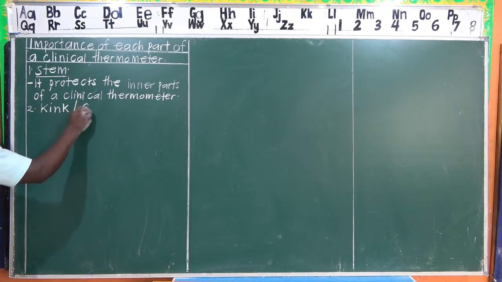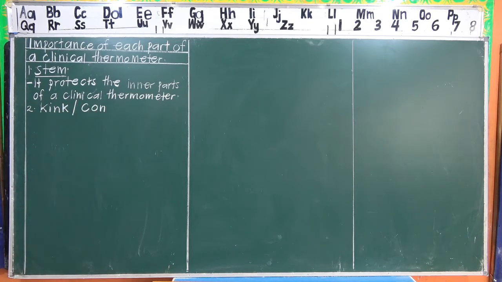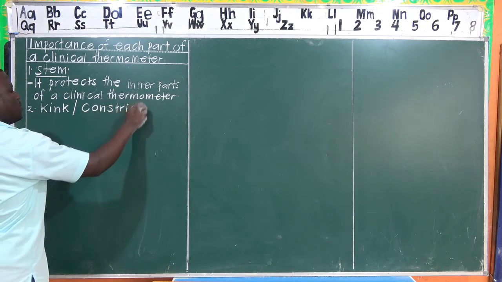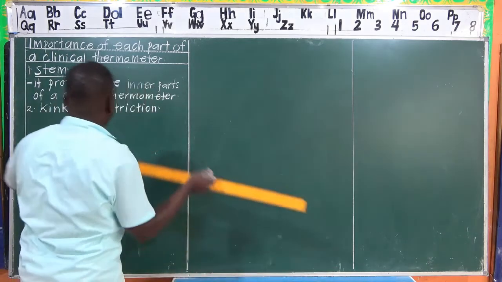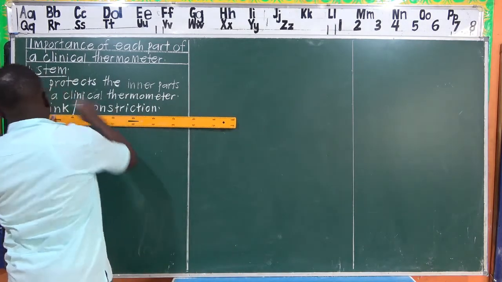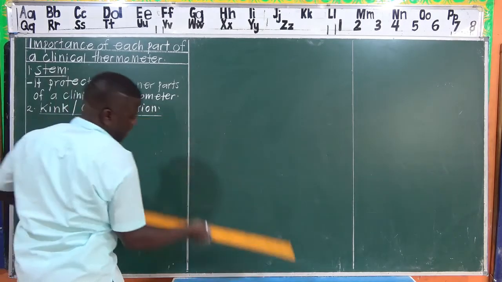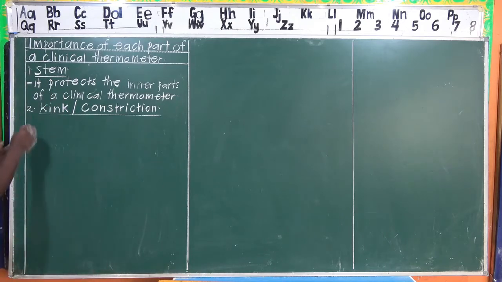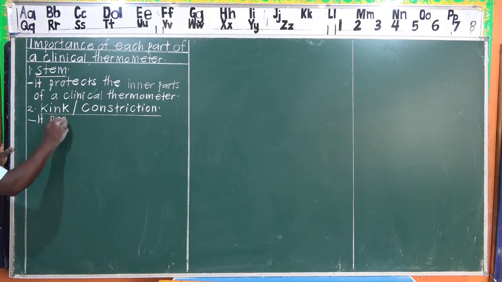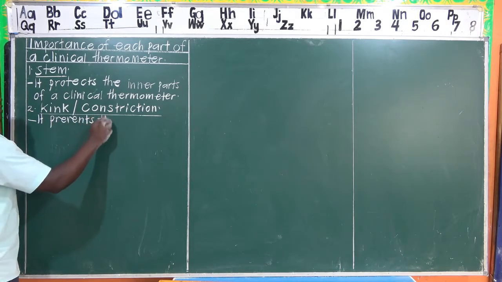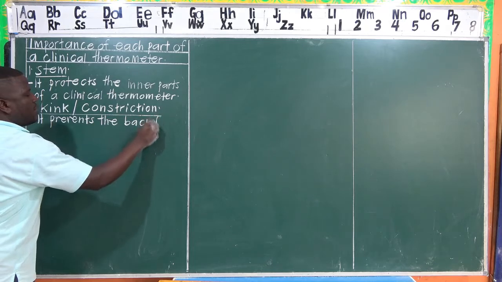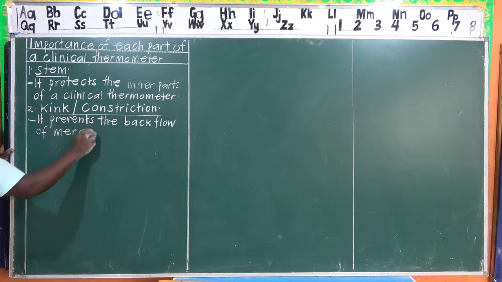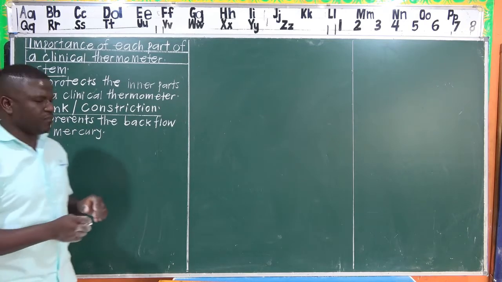This kink is also known as constriction, and its major function is to prevent the backflow of mercury.